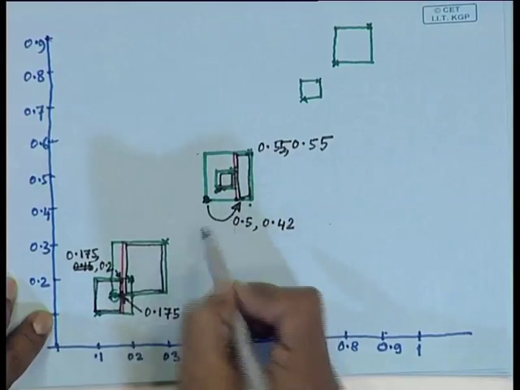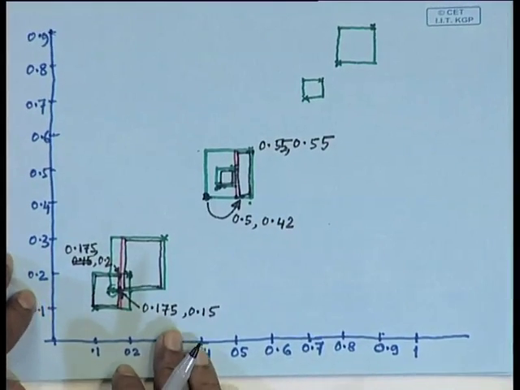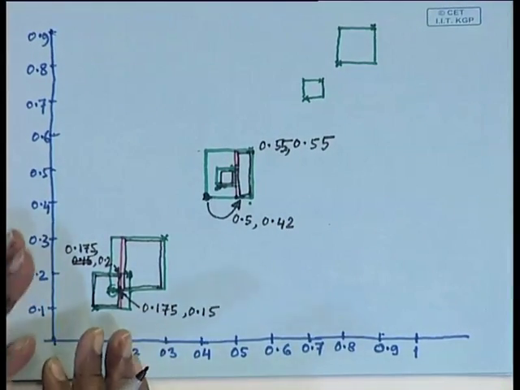So, after this expansion and contraction process, you see that the training samples which are used to train the classifier, train the neural network, some of those samples themselves will be misclassified. So, naturally, due to this contraction, we are introducing some amount of error in our learning process or in the training process.